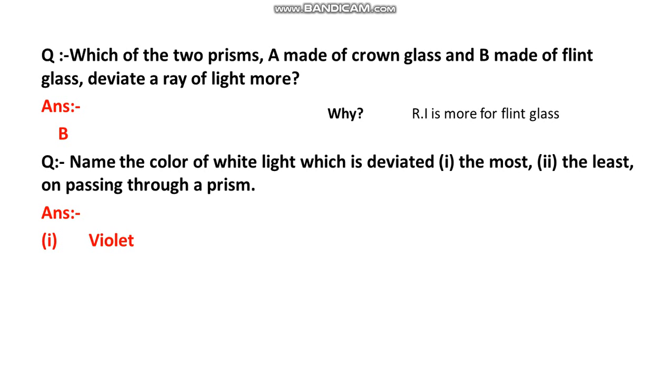Refractive index is more for violet color. If refractive index is more, then deviation is more. So deviation is most for violet color. Then the least is for which color? Right, red color. Okay. Yes, thank you.